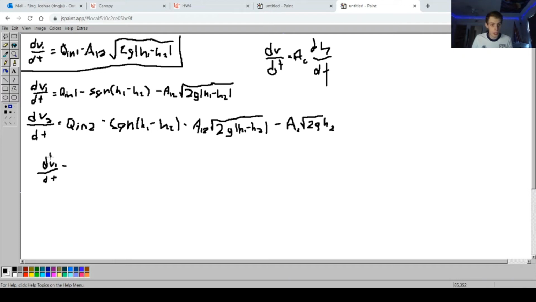We were on dH, because that's what this allows us to solve for up here. So dH is equal to everything staying the same, nothing changes. So we have our Qn1 minus.